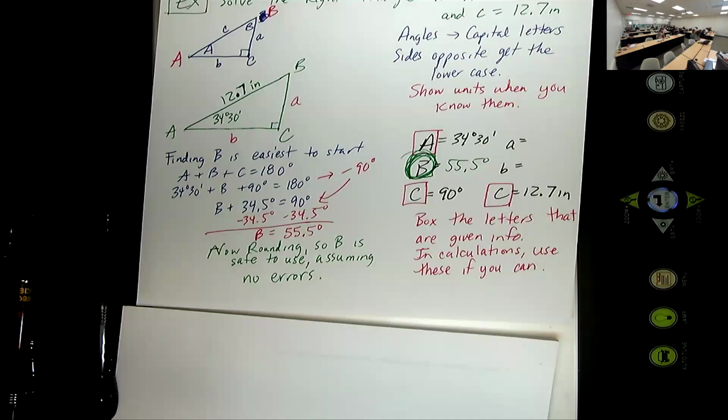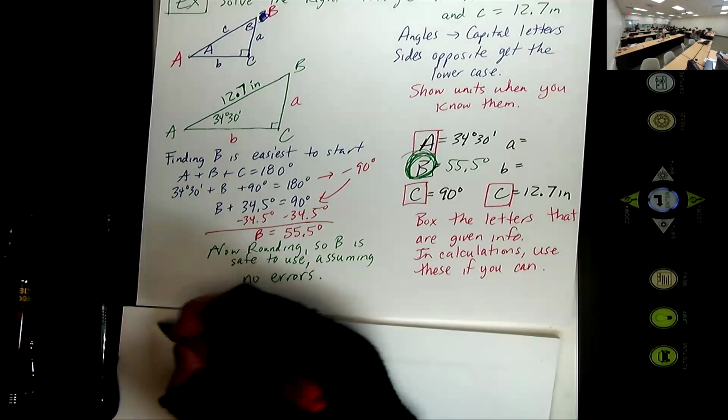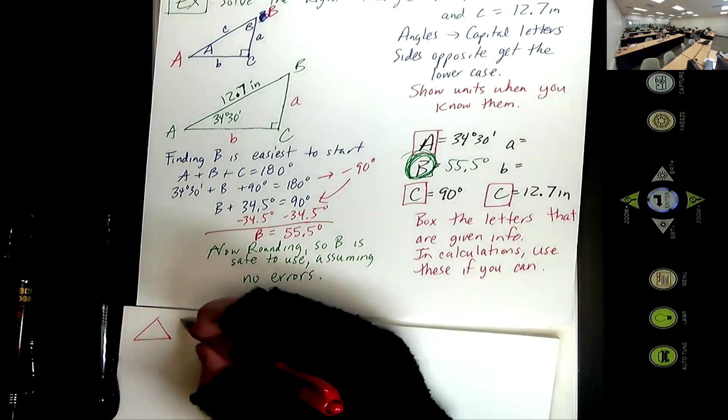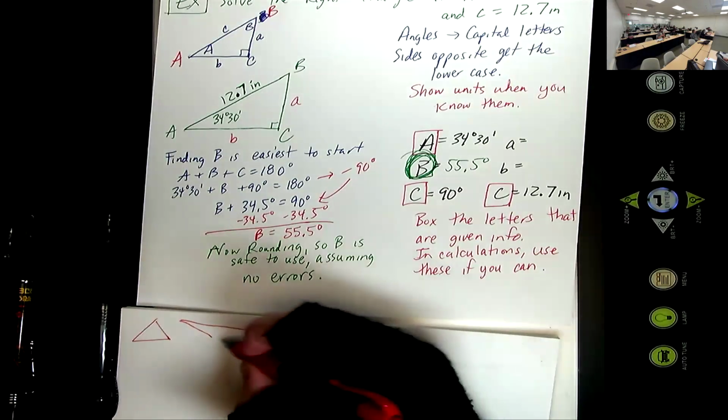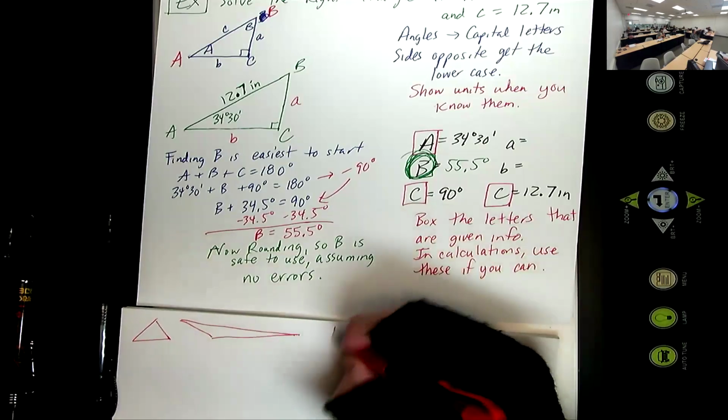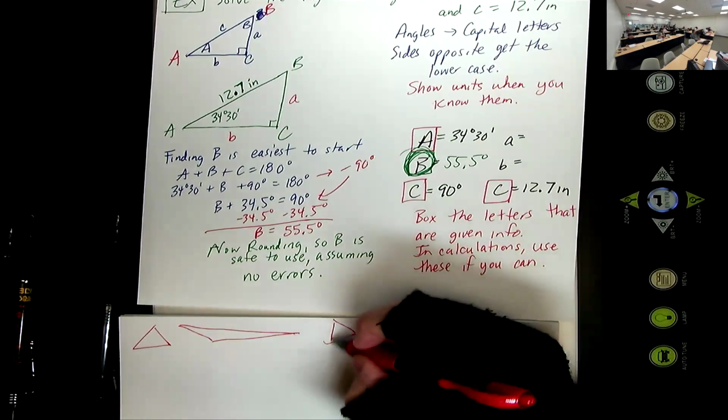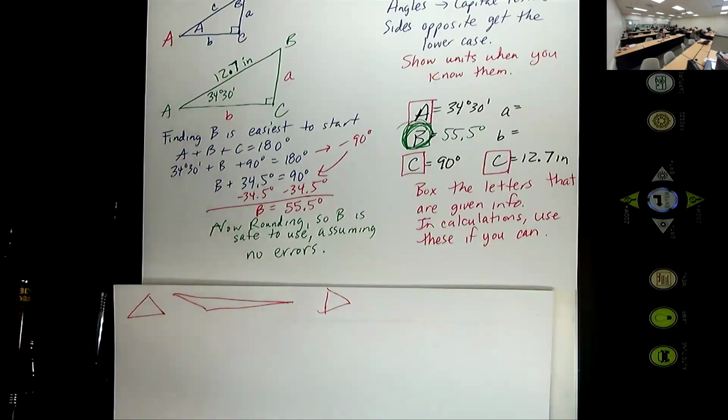Every triangle, regardless of the shape, has 180 degrees if you add up the three angles on the inside.